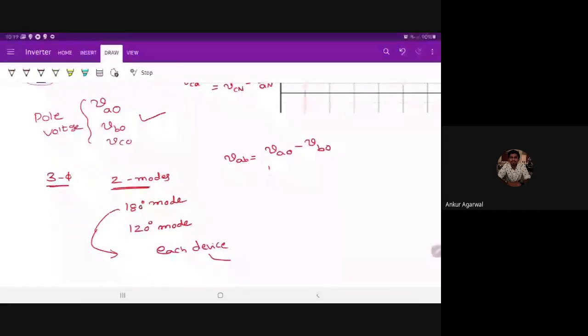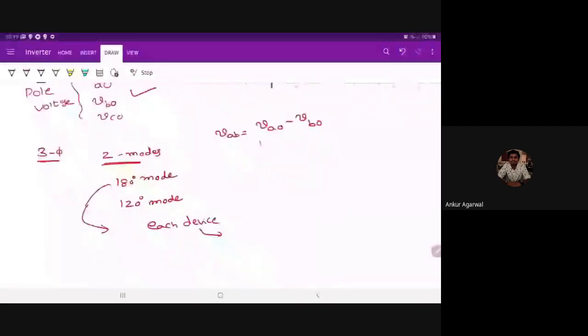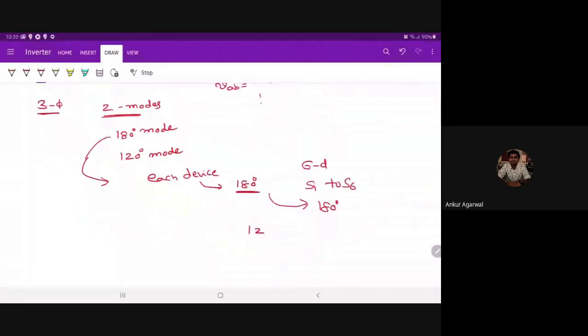We have 6 devices, starting from S1 to S6. That means each device will conduct for 180 degrees. Similarly, in 120-degree mode of operation, each device will conduct for 120 degrees, right?